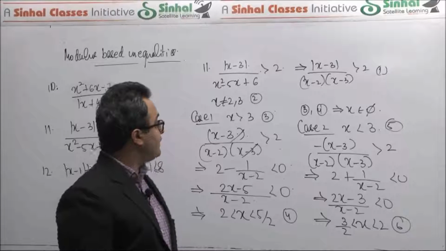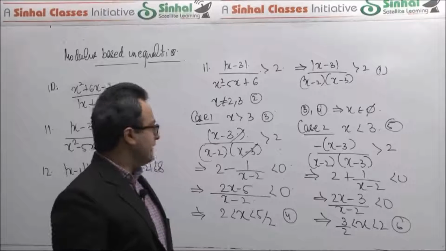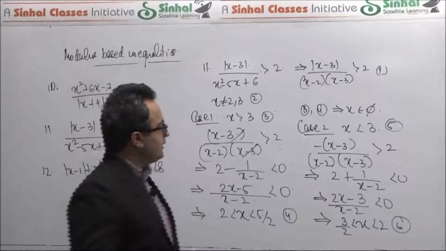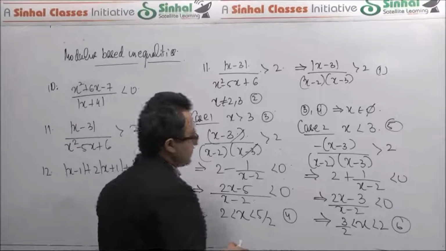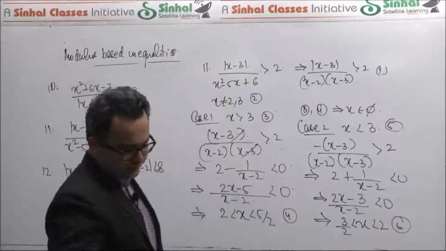And now I'll have to take an intersection of 5 and 6. Actually, I have to take an intersection of 2, 5 and 6. Right? So from 2, 5 and 6, if I take an intersection of 2 and 5 and 6, I'll get this set itself, 3 by 2 to 2.